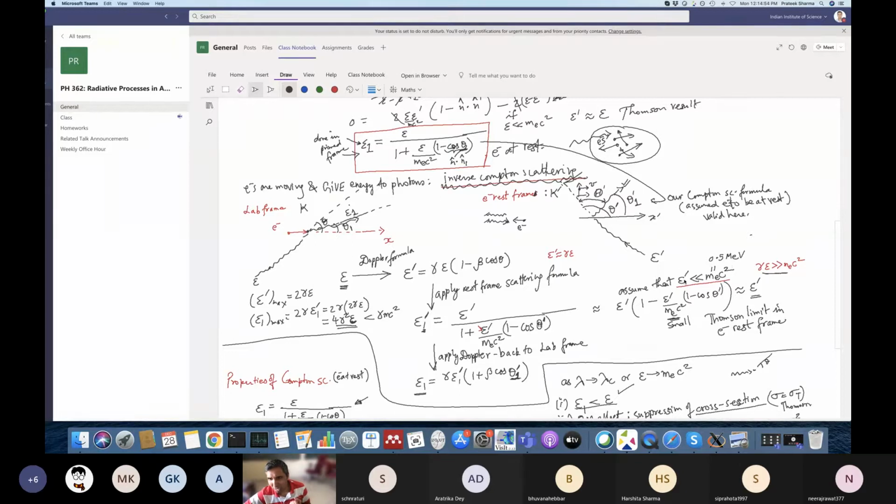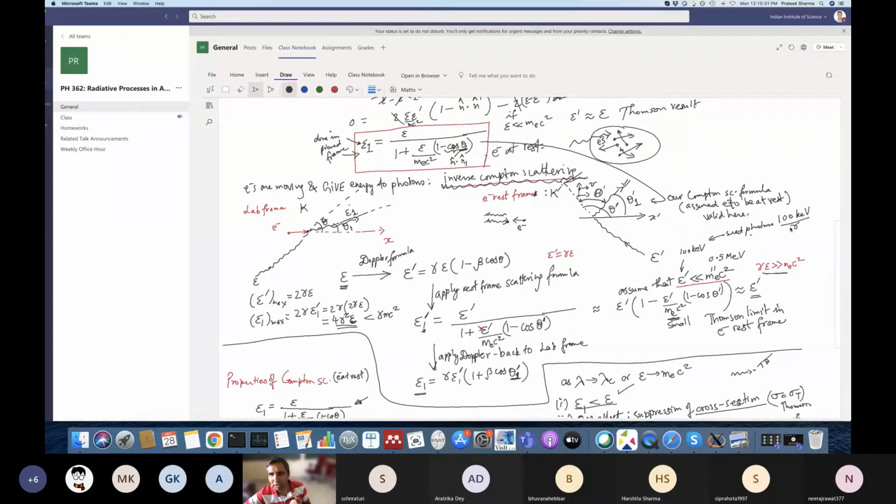So even when epsilon prime is say 100 keV, which is 0.1 MeV, you are in the Thomson limit, right? So if this is 100 keV, what would the epsilon be? Epsilon would be like 1 by gamma of that. So this will be given by seed photons which have energy of 100 keV by gamma.